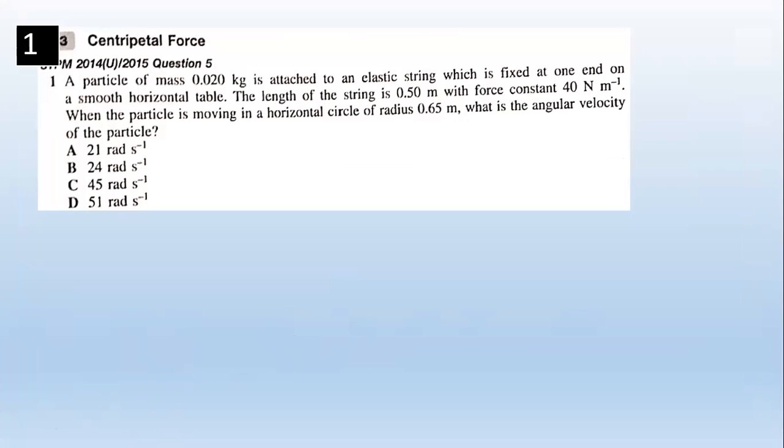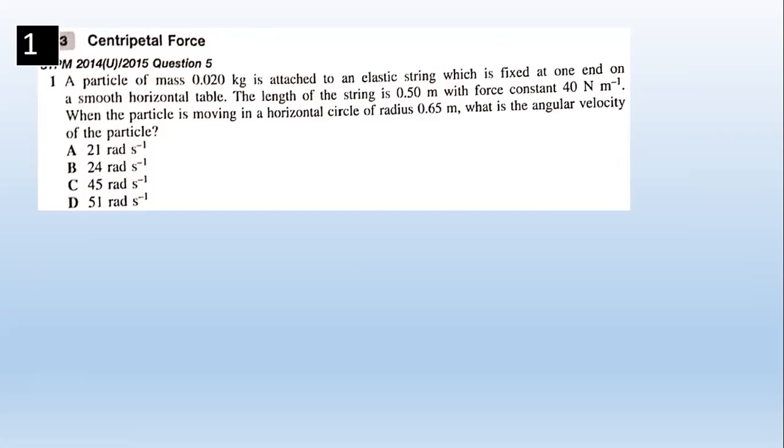A particle of mass 0.02 kilogram is attached to an elastic string, which is fixed at one end on a smooth horizontal table. The length of the string is 0.5 meter with a force constant of 40 Newton per meter. The particle is moving in a horizontal circle of radius 0.6 meter.